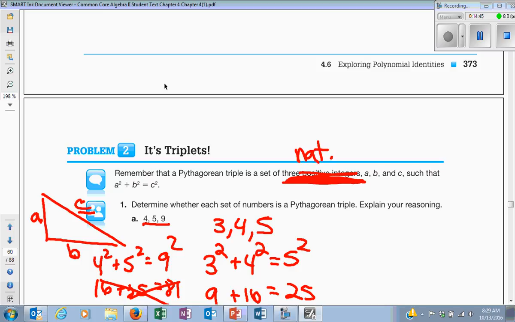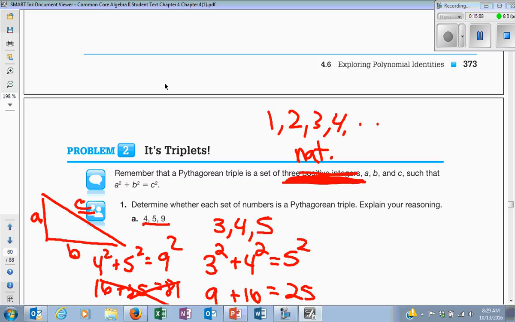Natural numbers. Because what does the natural number system start with? 1, 2, 3, 4... So if they wanted to be a little bit more correct, they should have said Pythagorean triples is the set of natural numbers a, b, and c, such that a squared plus b squared equals c squared. You following me?